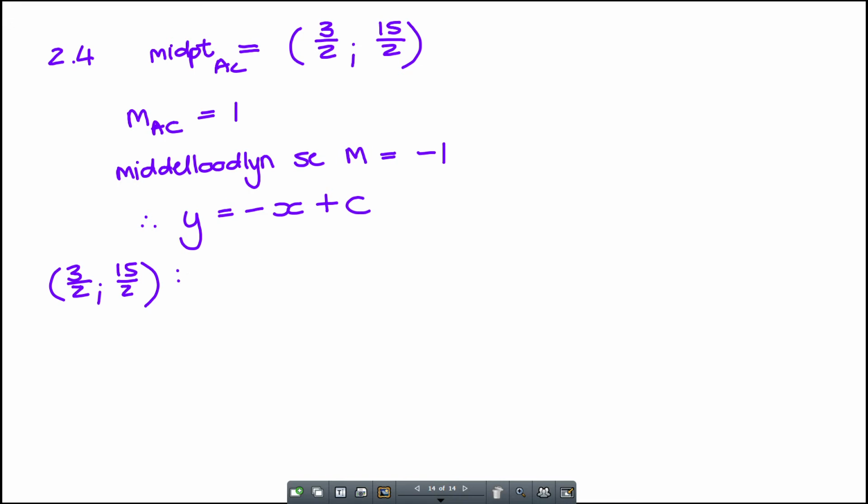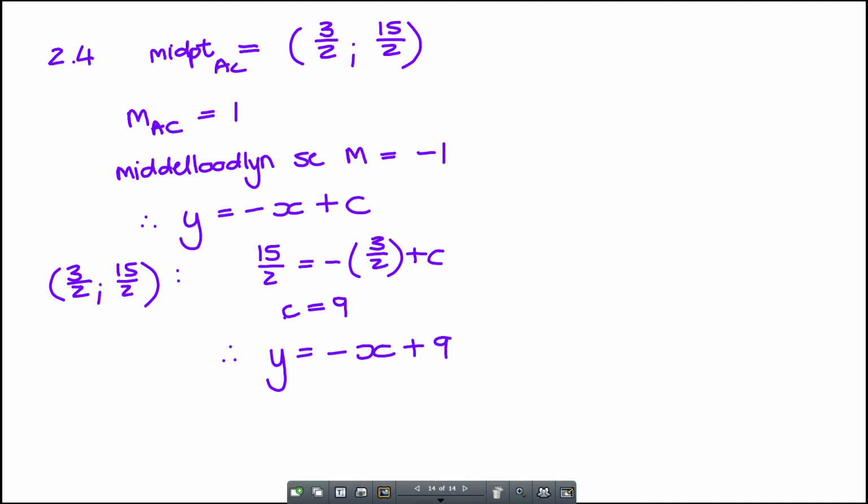So my A waarde is 15 op 2 minus en dan 3 op 2 plus C. Okay, so it means that what C will be equal to 9. So A is gelyk aan minus 1x plus 9.